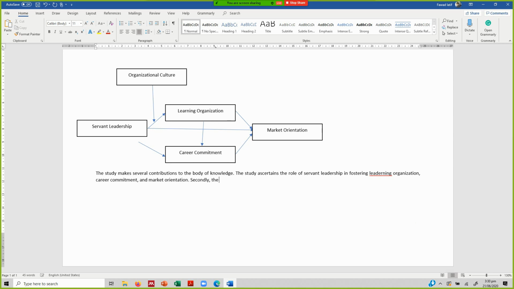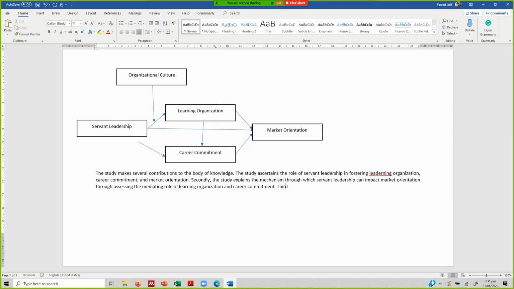Secondly, the study explains the mechanism through which servant leadership can impact market orientation through assessing the mediating role of learning organization and career commitment.